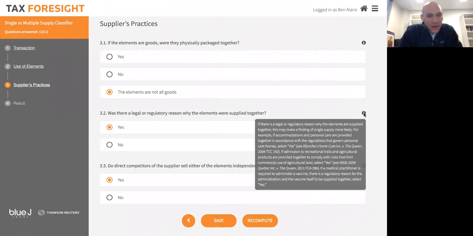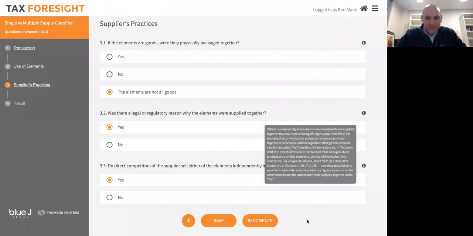You might then try to argue that that was a legal reason why the elements were supplied together, the elements being the treatment plan and the services associated with it, and the orthodontic appliance. If I were the physician in this case, I might say, yeah, actually, those things are really linked together. It would make me feel reckless to not also service the orthodontic appliance in conjunction with this treatment plan. I want to be a full stack provider of these services in this situation.